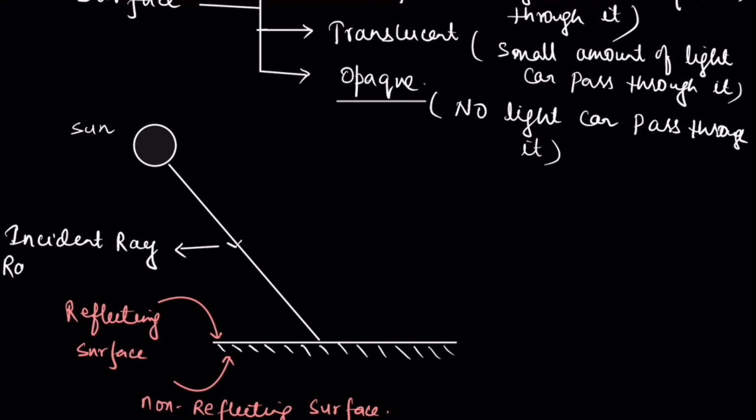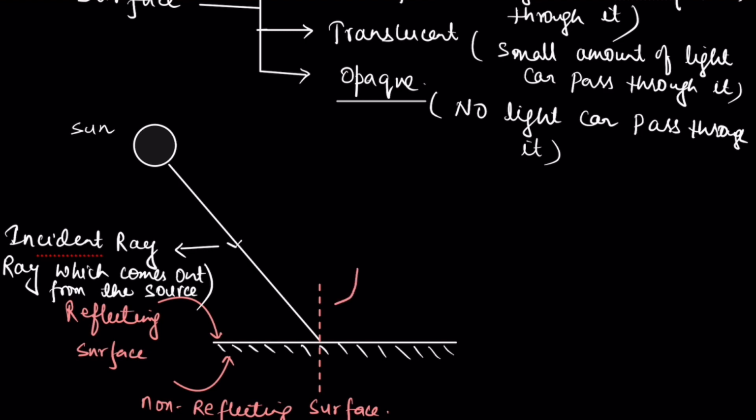A ray which comes out from the source, and the source here is a luminous body. After it touches the surface, we can form a normal. What is normal? This is our normal ray, or simply normal.